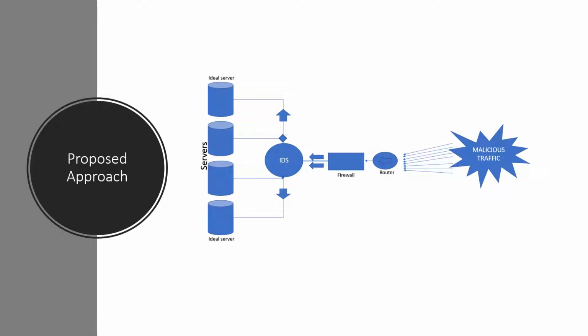As we can see, whenever malicious traffic comes through the router, only a few requests get filtered out. When it reaches the IDS, if it detects multiple requests being sent to the organization's servers from the same source IP, it shall terminate them right there and they shall not be processed.